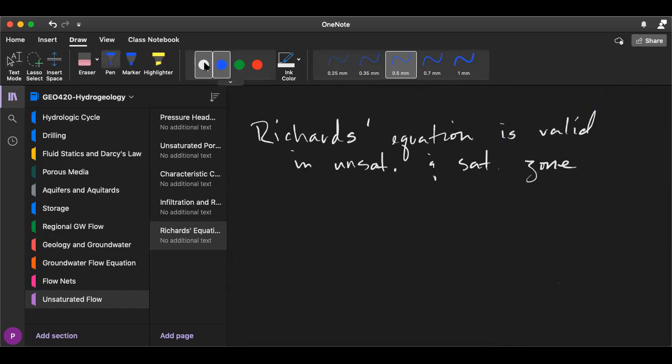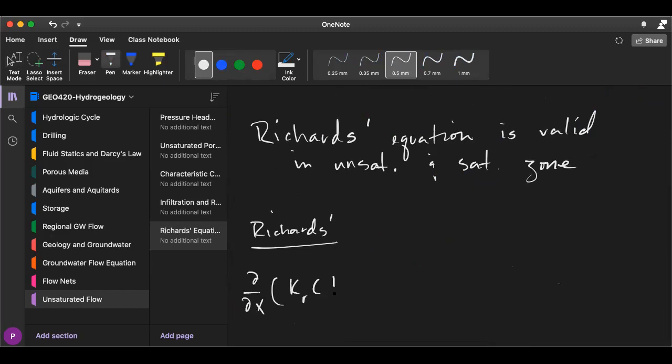So Richards, we have d dx, and I just want to write it this way: k sub r, which is a function of psi, times ks times dh, which is a function of psi, over dx.